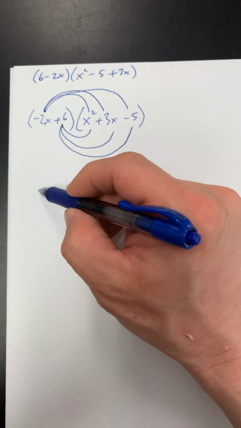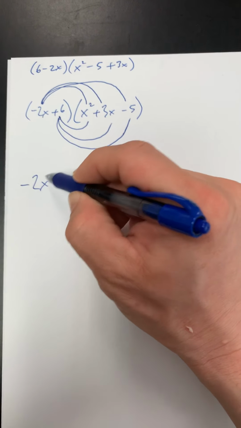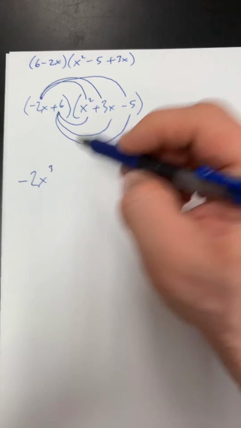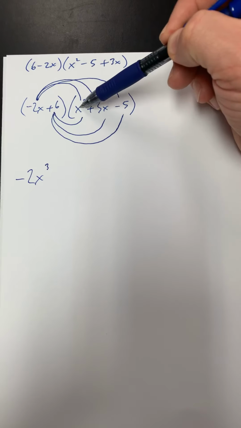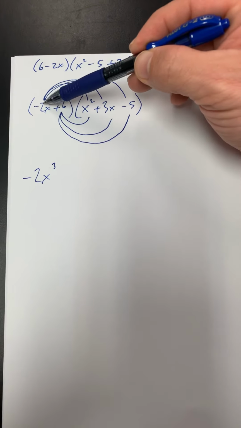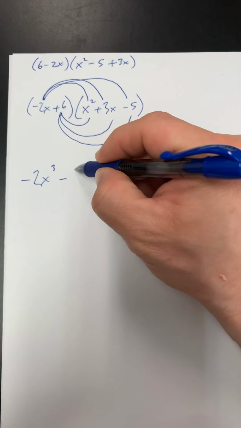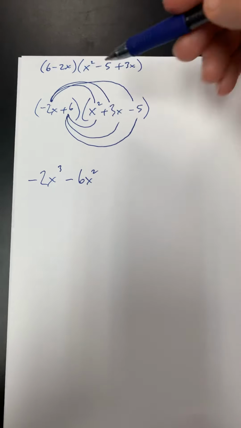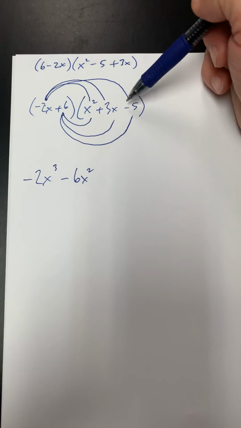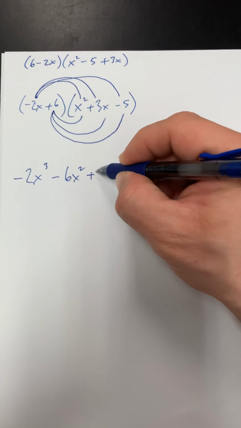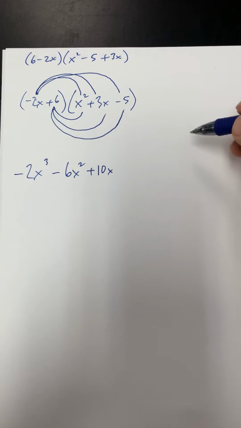It's going to give us negative 2x cubed. That's this times this. Now we're going to take negative 2x times positive 3x, which gives us negative 6x squared. Negative 2x times negative 5 gives us positive 10x.